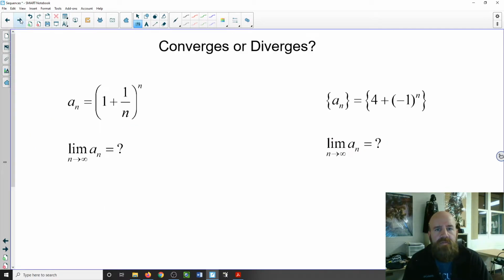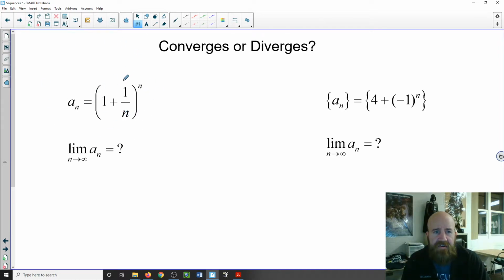Now, the next thing we need to talk about is whether a sequence converges or diverges. We're expanding on this idea that we've been talking about a little bit, about converging and diverging.